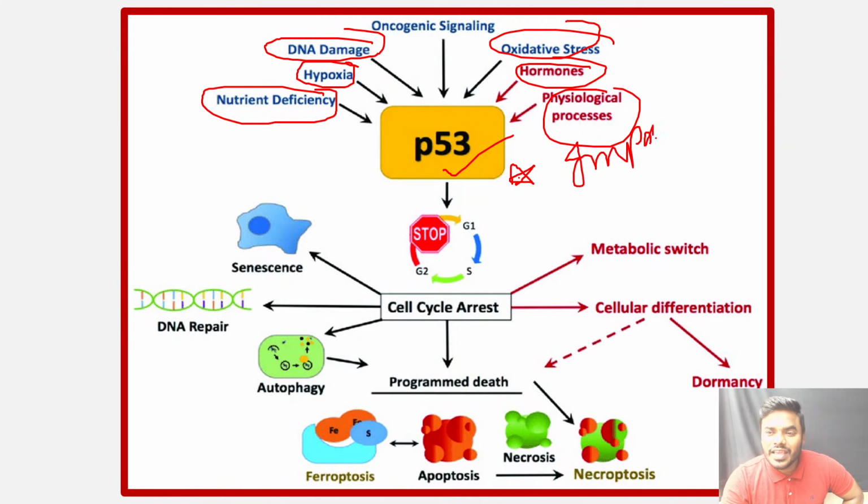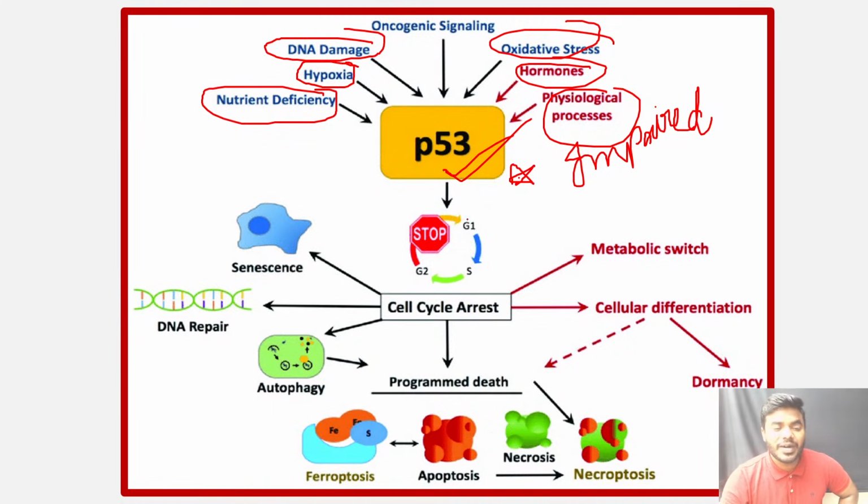Impaired means irregular or imbalanced in a simple way. Whenever impaired or imbalanced physiological processes occur, then only, friends, the P53 concentration rises.